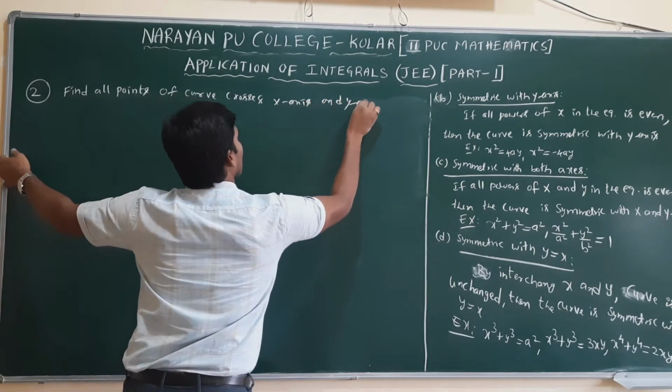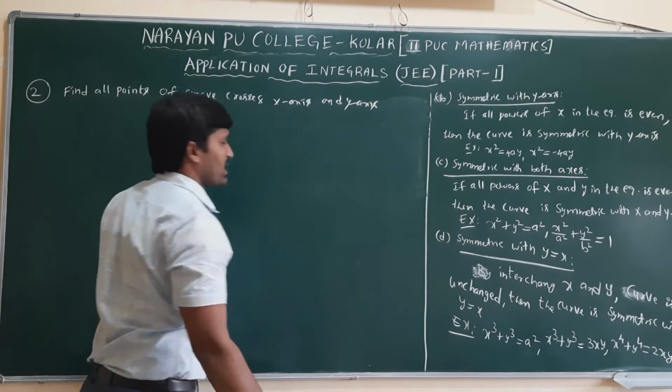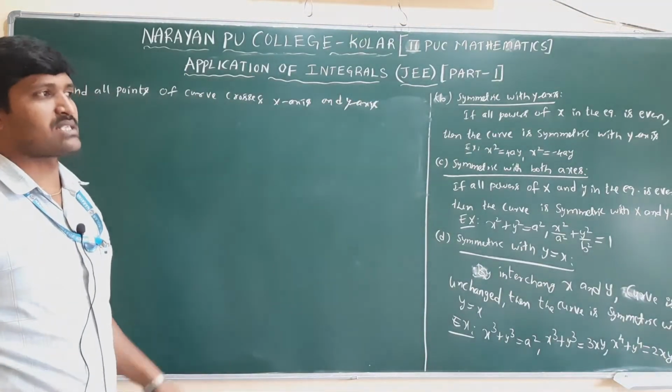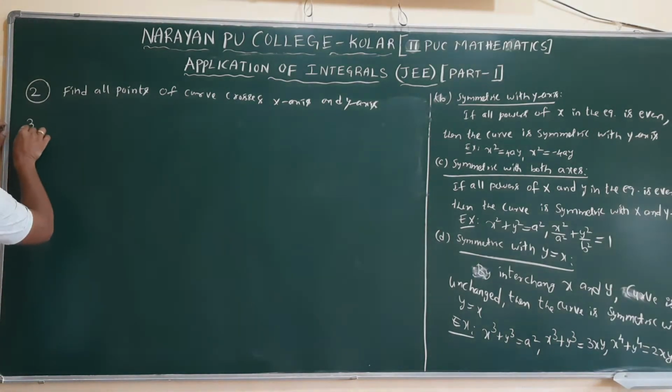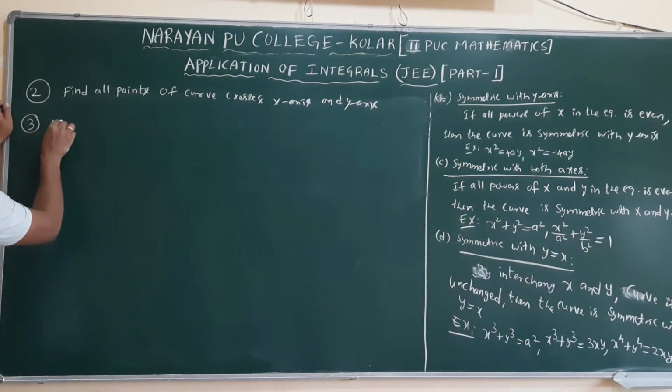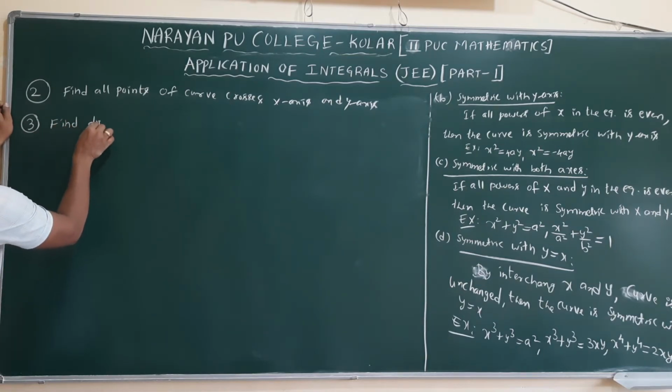That means at what points the curve cuts the x and y axes; that point of intersection we need to find by solving. Third, after finding that, we need to find dy by dx.